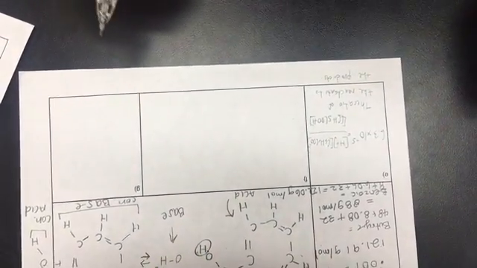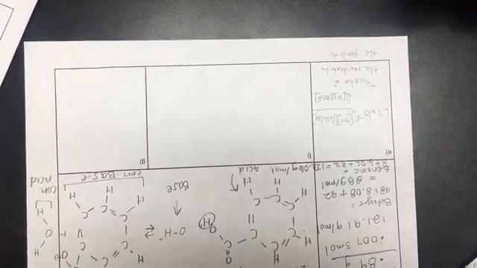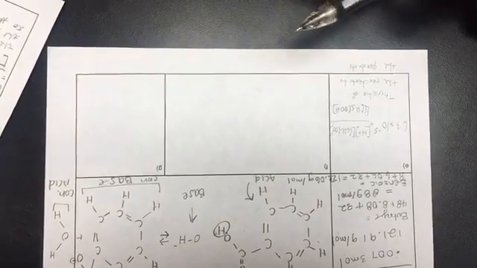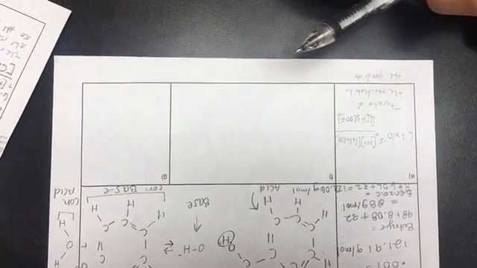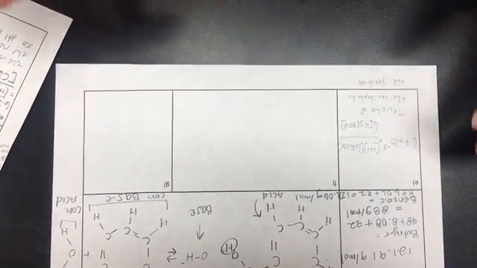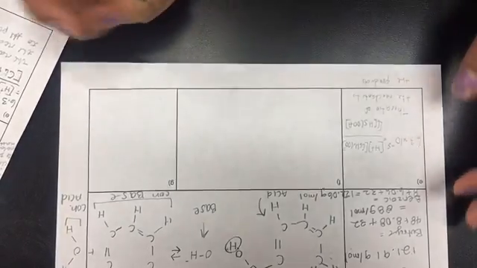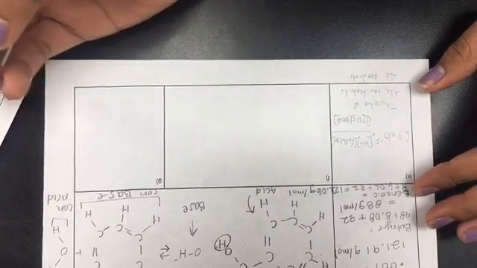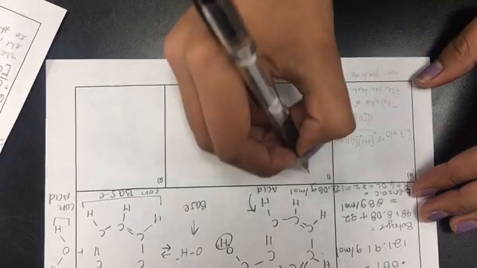Question F is use your answers from parts B and E to determine the H plus concentration of the unknown acid solution you made. So you're going to use your equation from E earlier.